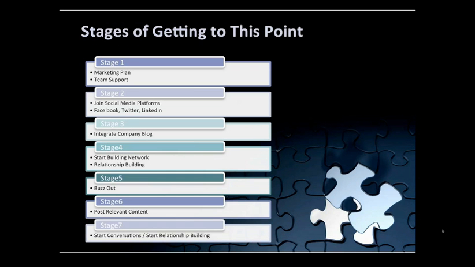So to get to the point where you can start a marketing plan, you just can't jump into it. Okay, there are several steps that you have to do in order to get to that point, especially with social media. And so the first step is to start a pretty basic marketing plan, which we're going to go into today.